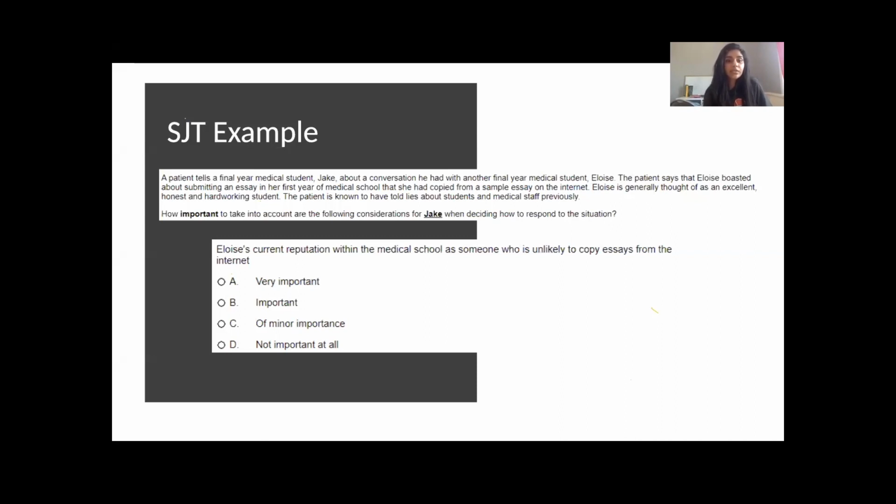So it's really important for Jake to act in a way that's fair to everyone in the situation. Even though it reflects on her personality, it isn't that important when he makes a decision, because if the case is true and she has copied, then that's not fair on anyone else sitting the course. So for this, you would say C, of minor importance.